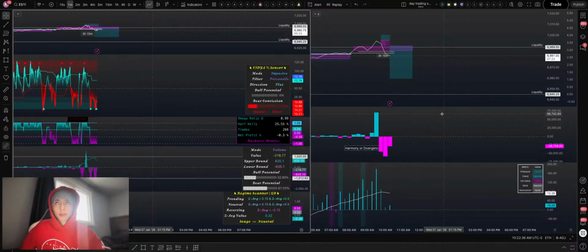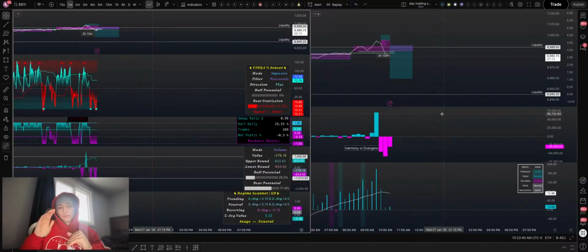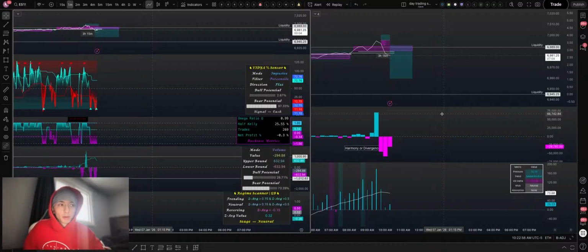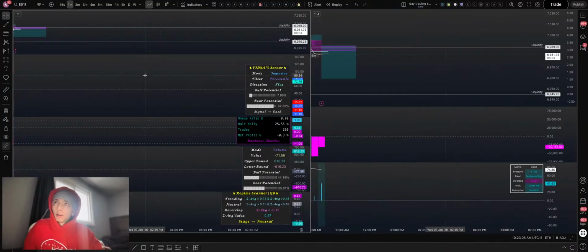So we want the sellers to overtake the buyers. We don't want buyers consuming the sellers and then sellers consuming the buyers, flipping back and forth. We want it to be mainly sellers in the market taking the buyers, and there's just no strength for buyers. So I don't want to see any strength for buyers and longs at all.